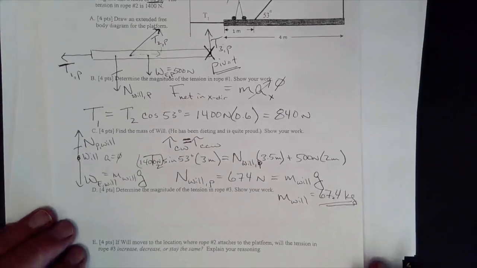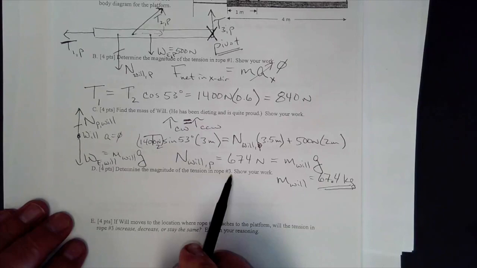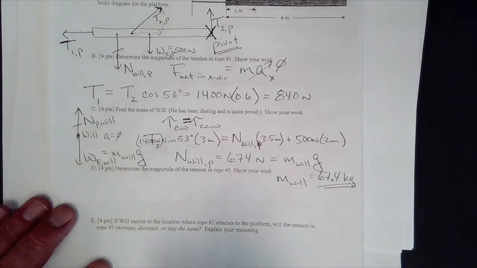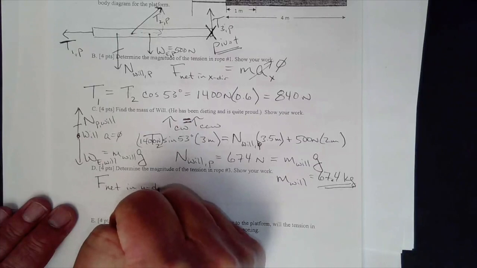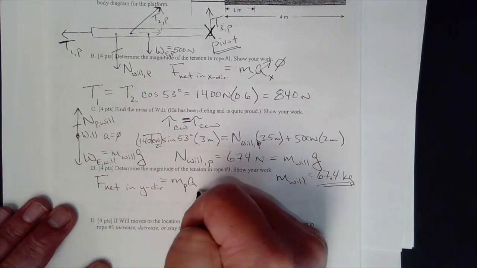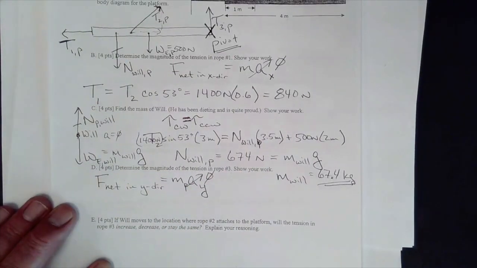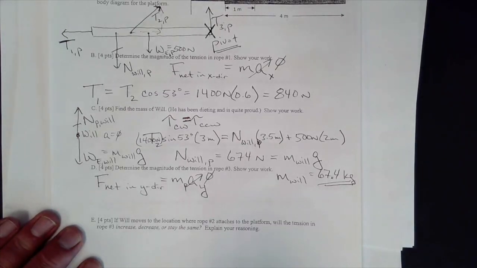Now we want to know the tension in rope 3. Well, since we've already solved for this push by Will, we can now use the fact that the net force in the y direction has to equal the mass times the acceleration, the mass of the platform times the acceleration in the y direction, and the center of mass of that platform is not going anywhere. So this time we have two forces in the y direction.